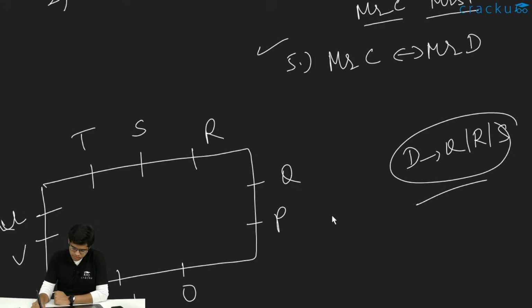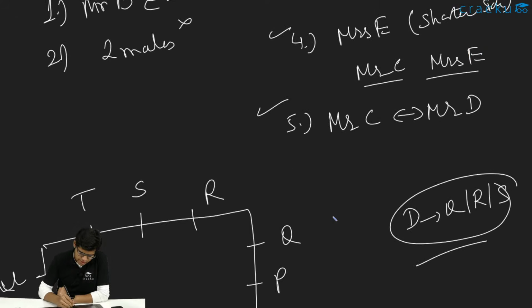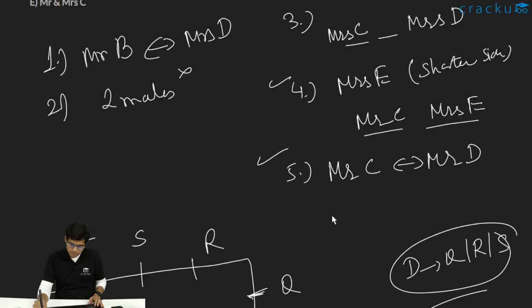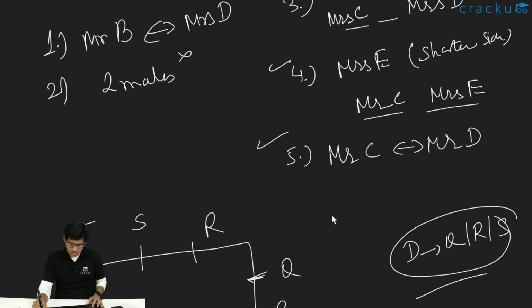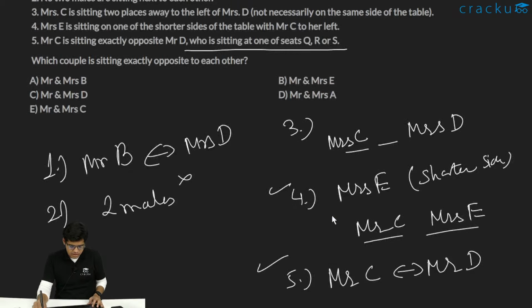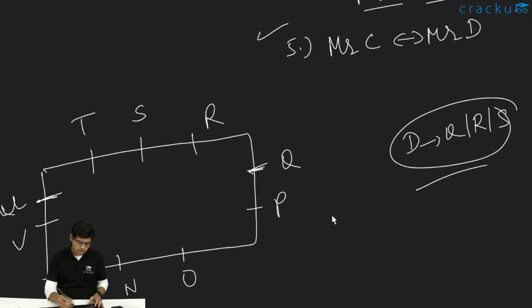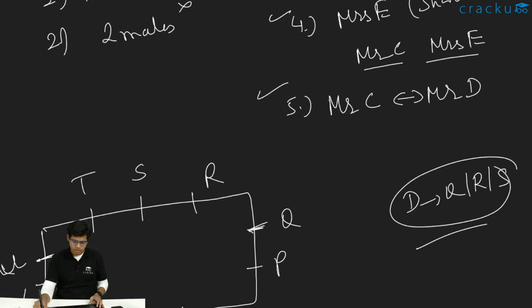Which means if Mr. D is here at seat Q, then C has to be at seat U, because it is given C is sitting opposite to D. And if C is here, and Mr. C is to the left of Mrs. E, then Mrs. E will be here. This can be one possibility.